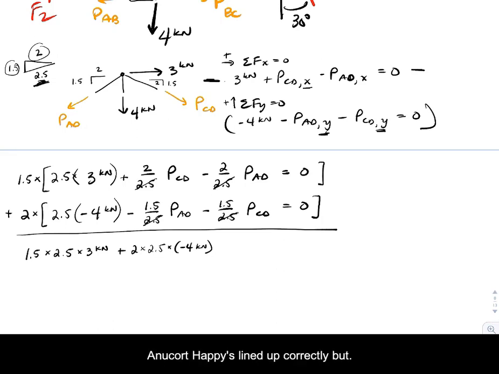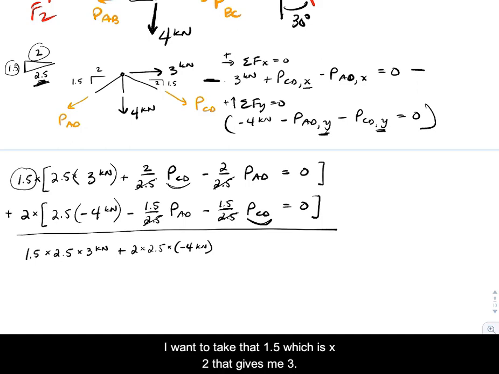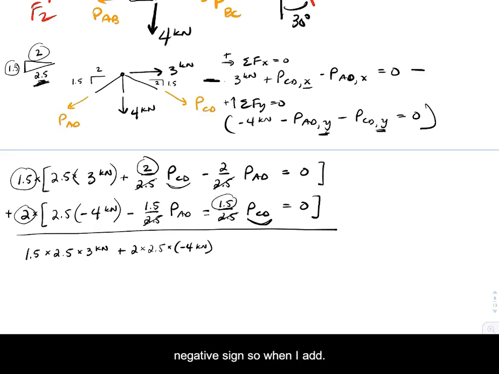And I don't quite have these lined up correctly, but there's PCD and PCD. So I'm going to take that 1.5, which is multiplied by 2. That gives me 3. On the second equation, I've got 2 times 1.5 and that negative sign. So when I add them together, PCD cancels all the way out.